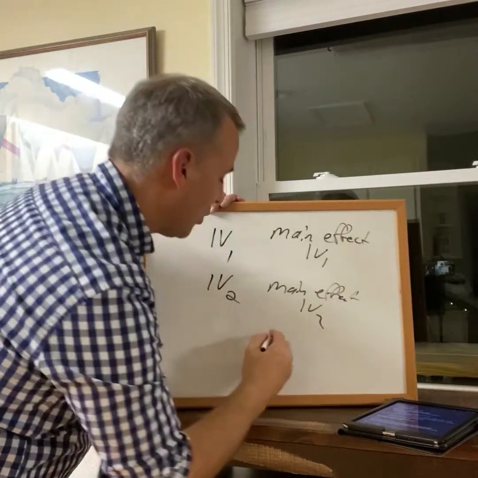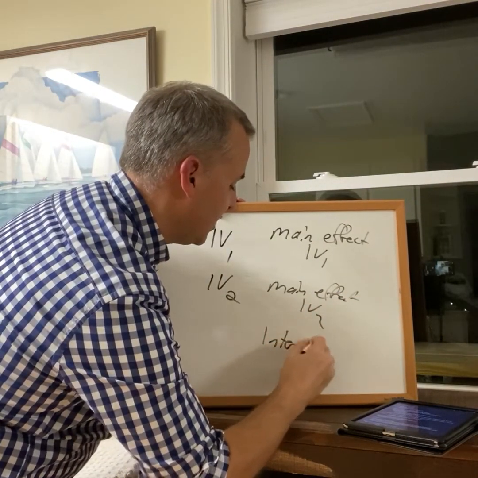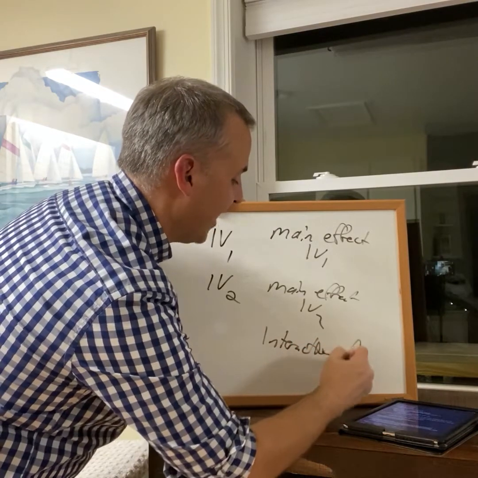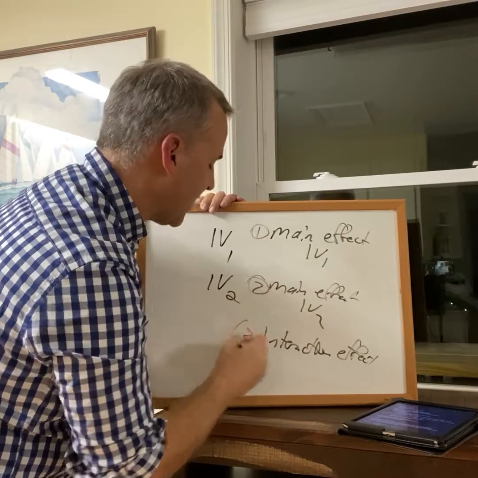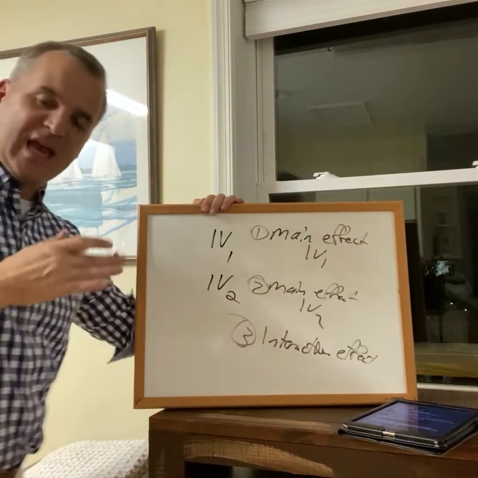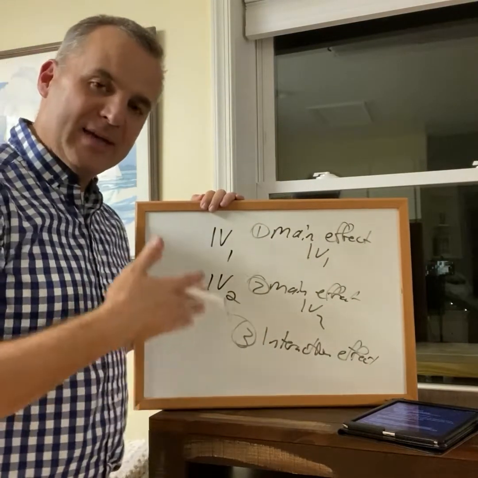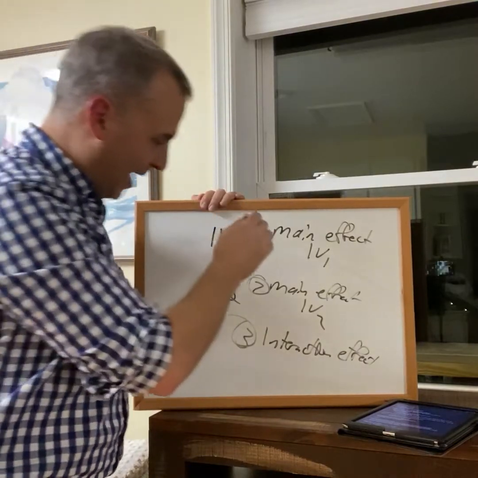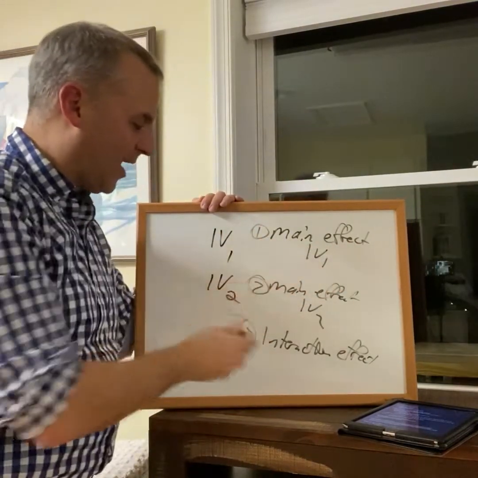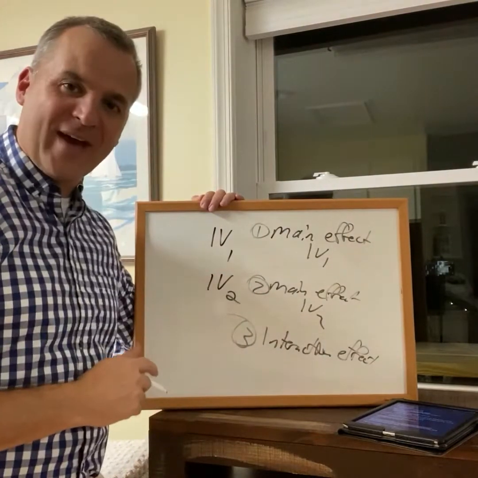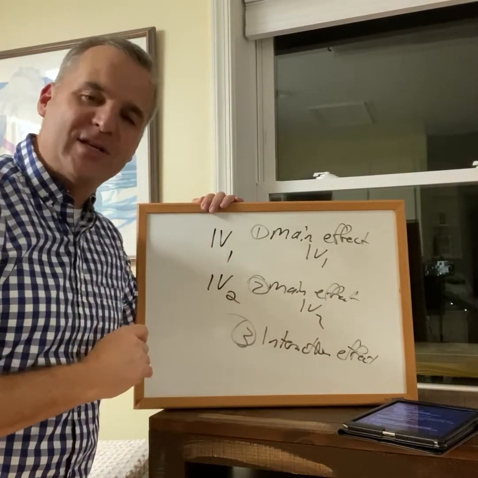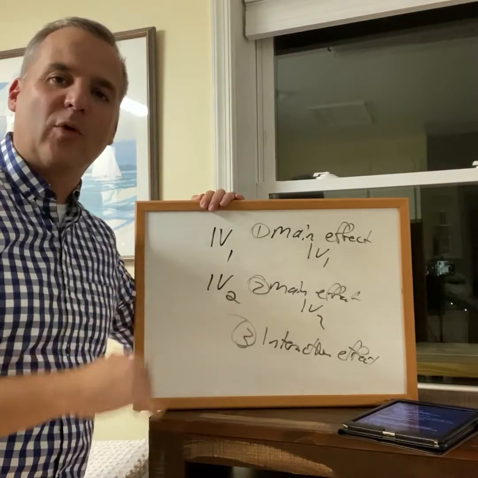And the third one is the interaction effect. So I have 1, 2, 3 effects that I am considering. These are the influence on my dependent variable. I'm looking at the main effect of IV1, the main effect of IV2, and the interactive effect of how these two things depend on each other and combine in order to affect the DV.